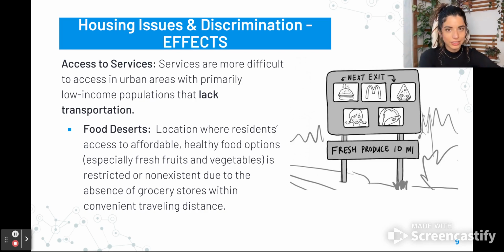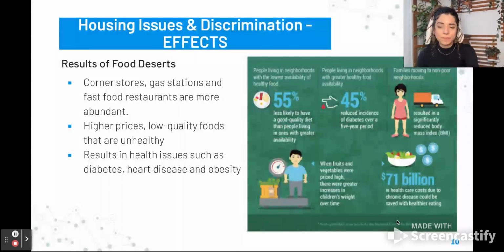A food desert, just as a recap, is a location where residents' access to affordable, healthy food options is restricted or non-existent due to the absence of grocery stores within a convenient traveling distance. This is referring to fresh fruits and vegetables. So having an area that has mostly fast food options or maybe convenience stores, they don't really have fresh food available. That's a food desert.